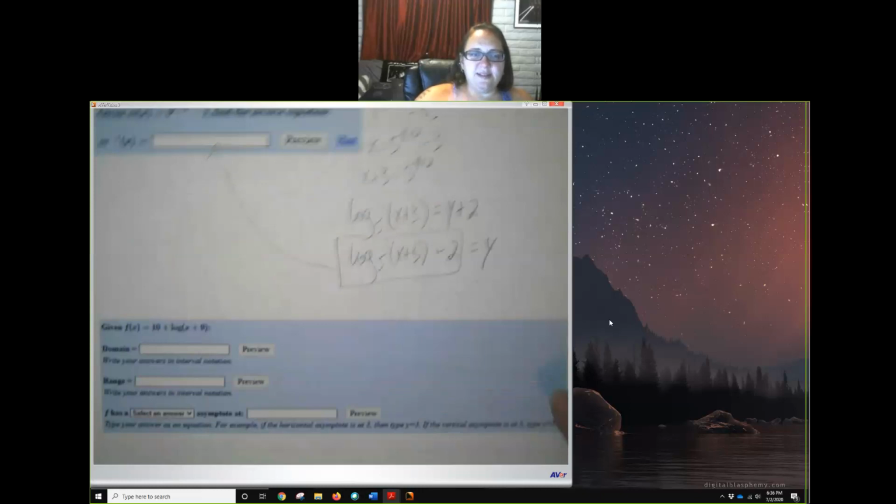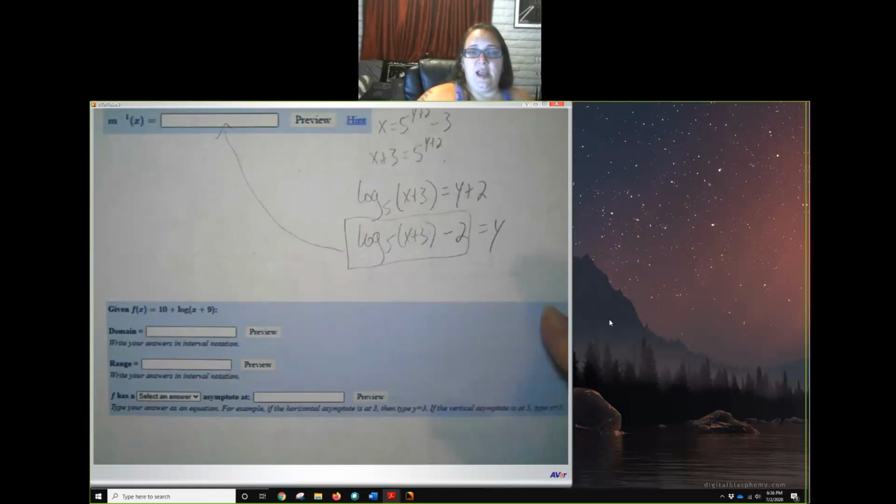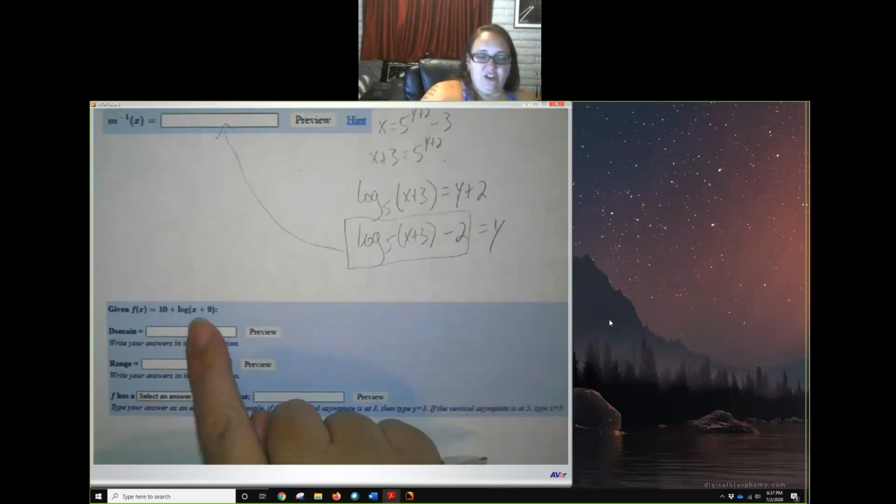Okay, logs have a special rule where you cannot put negatives into logs. So if we're worried about the domain of a log, you can't put 0 in either for logs. So we would do this similar to how we do the square roots.